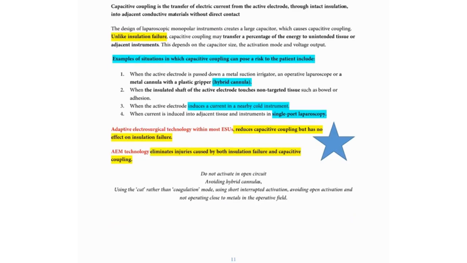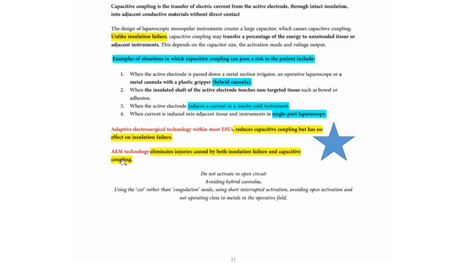Or I'm going to use the cut mode instead of the coagulation mode. Why? Because the cut mode is using lower voltage, so at least I'm not going to have a very high power collected energy in this place. Or I have to make sure that I'm not close to any metals in the operative field.